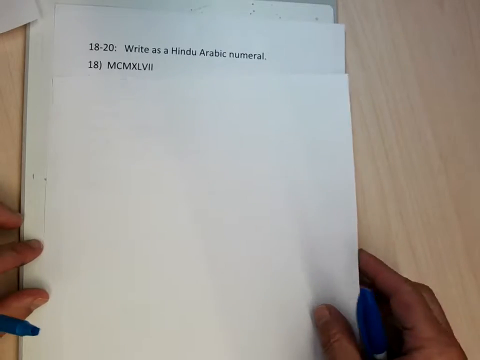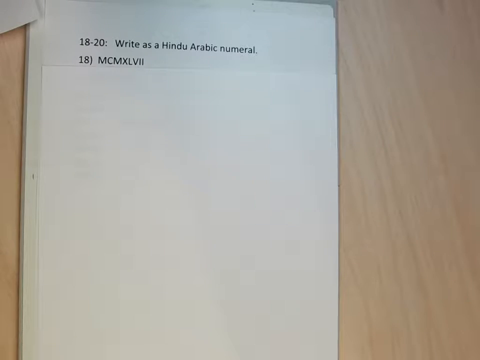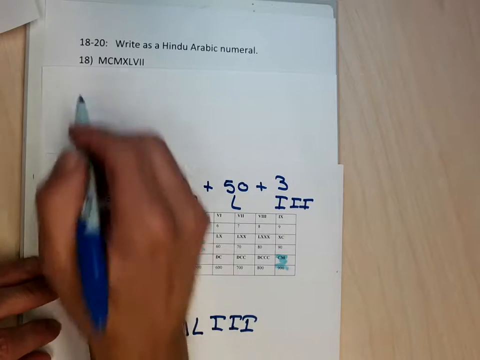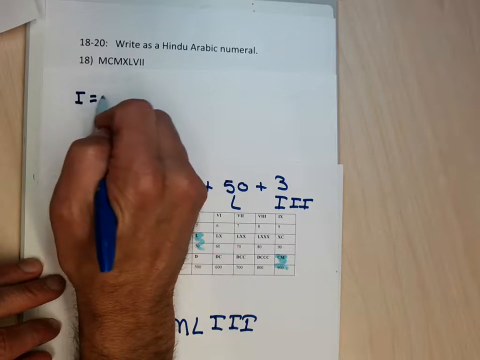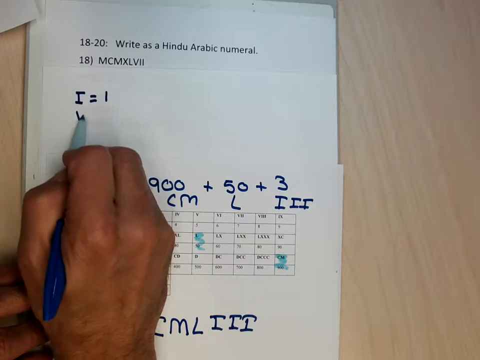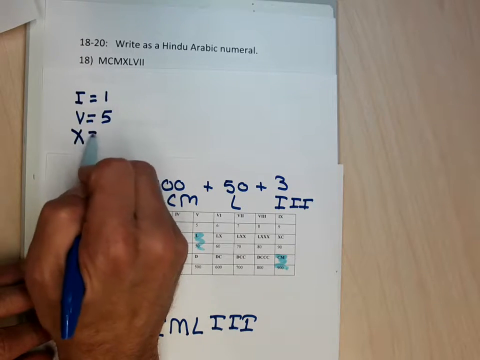The next direction really is the more work one. In order to deal with the Roman numeral MCMXLVII, I'm going to pluck out from my sheet of Roman numerals all the ones that we need here. I is equal to 1, V is equal to 5, X is equal to 10.